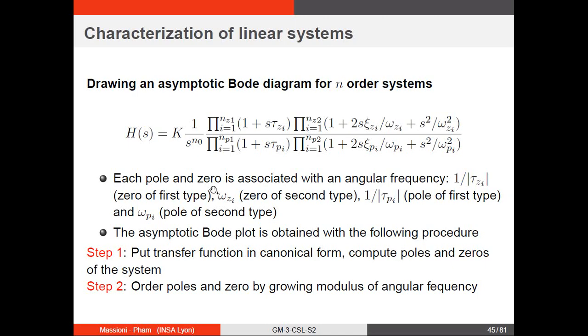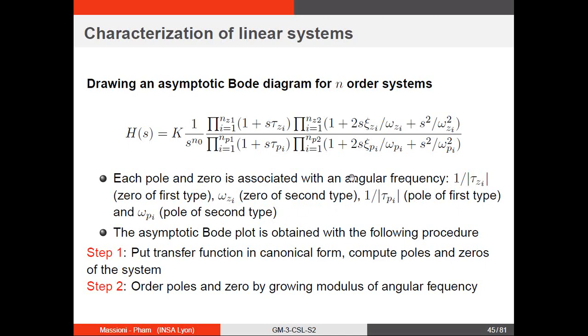Remember that poles and zeros can be positive or negative, but we will just look at the absolute value of this angular frequency. So basically for each first order pole or zero, 1 over the modulus of tau is the associated angular frequency. And for the second order terms, you can compute the roots if you want, but if you have put them there in this form, the angular frequency associated is always omega.